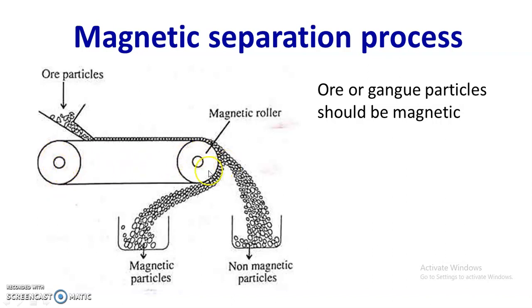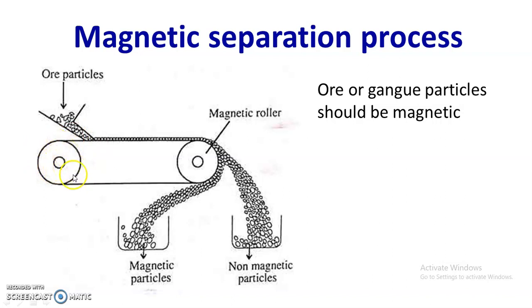Out of these two rollers, one is the magnetic roller, and the other is the non-magnetic roller. The powdered ore is dropped over the belt at the end where the non-magnetic roller is placed. It is charged on this leather belt very close to the non-magnetic roller.